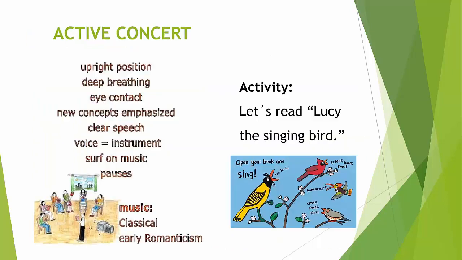Okay, so the active concert. For this active concert, I'm going to present the following. First, we have to reinforce the active concert. How are you going to develop this in a class? As you observe in the picture, the teacher is standing in an upright position.